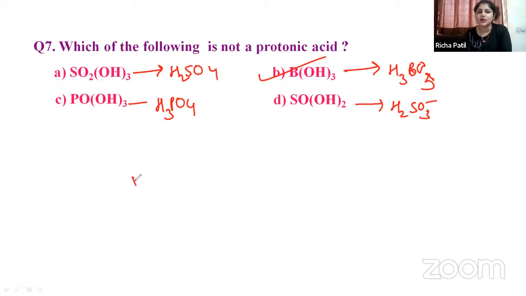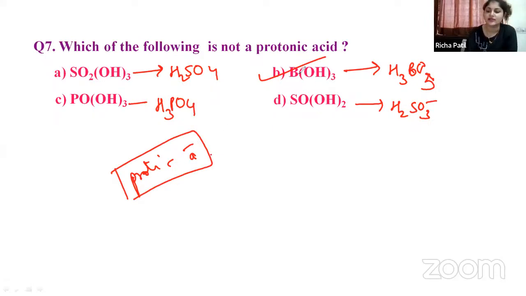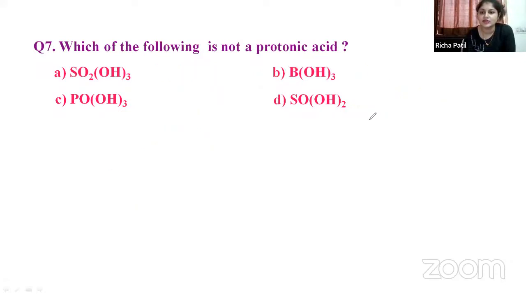So they act as protic acids, because they release H+ ions. And H3BO3 acts as a Lewis acid. So this is the correct explanation.